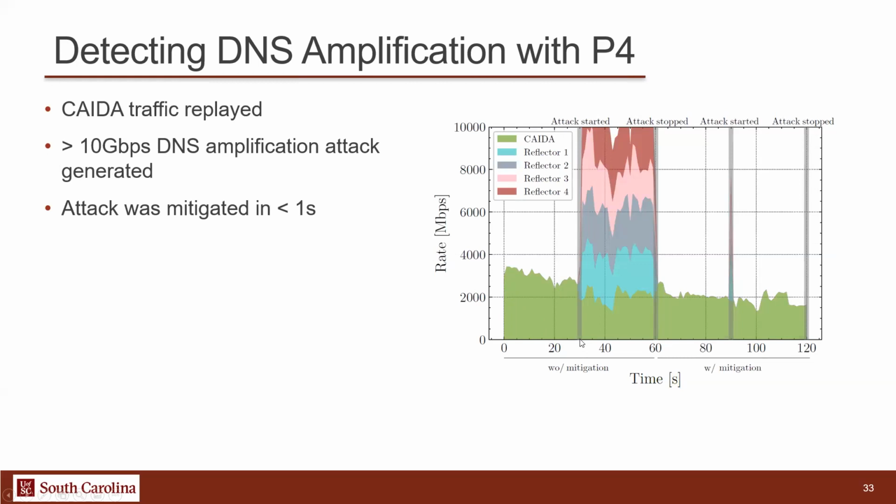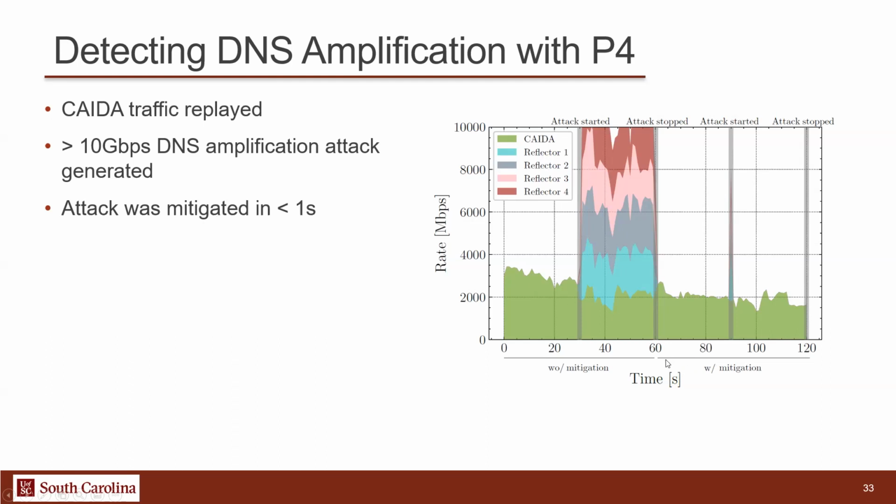What we can see is that this DNS amplification that we generated, which had a rate of more than 10 gigabits per second, immediately flooded our network. And we can see here the share of these reflectors that we used. So we have 4 reflectors generating this rate of DNS amplification attack.